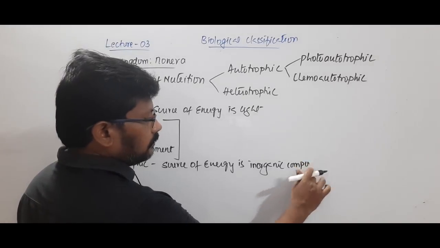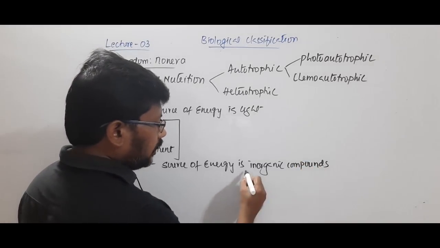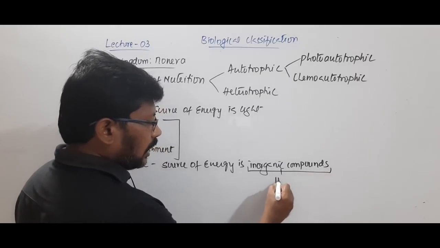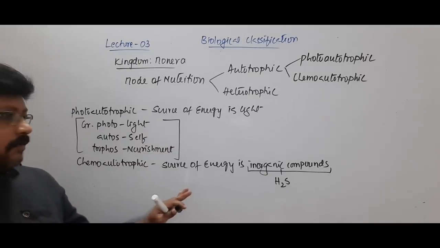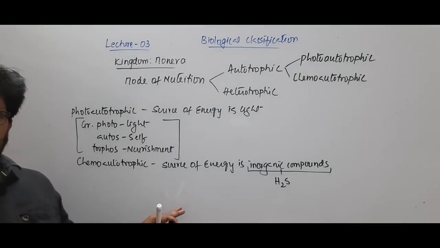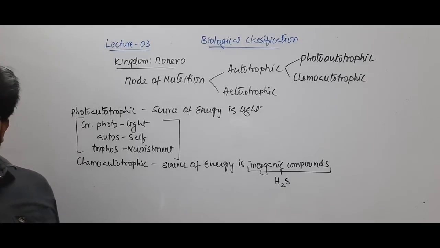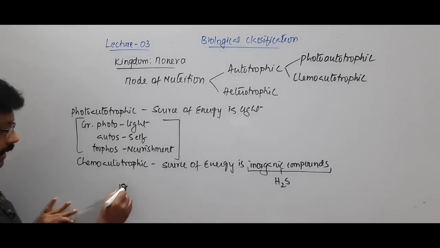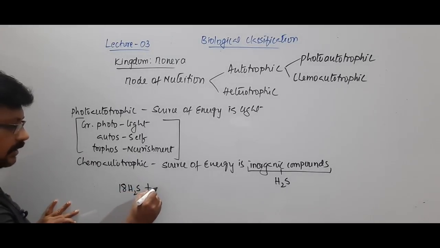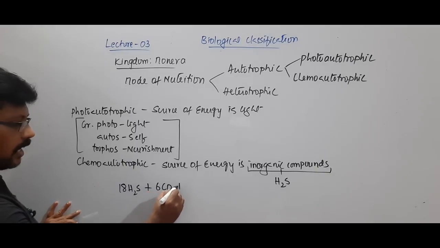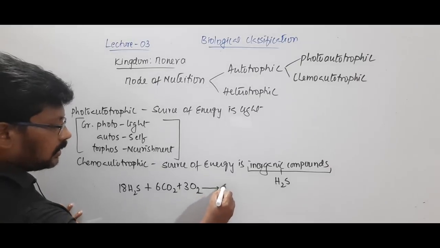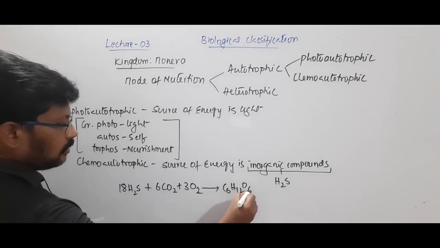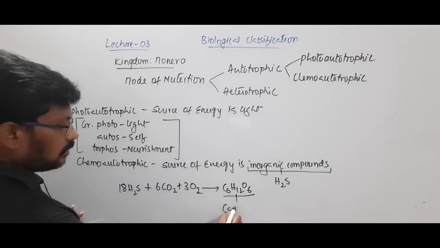One example of these inorganic compounds is H2S, hydrogen sulfide. Now, how do these organisms synthesize food using hydrogen sulfide? I'll give you an equation: 18 H2S plus 6 CO2 and 3 O2 will result in the formation of C6H12O6, the carbohydrate.